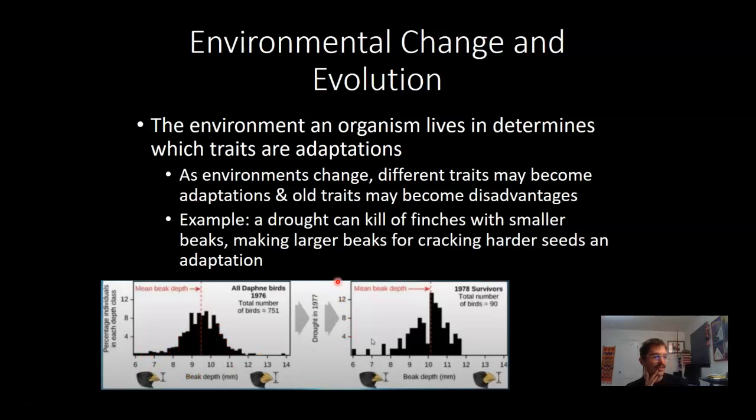And we had a major drought in 1977, and you could see that the depth or the width of the beak went up, because the birds with smaller beaks were disproportionately affected by the drought. So you're seeing that over time the environmental changes change how animals adapt to their environment.